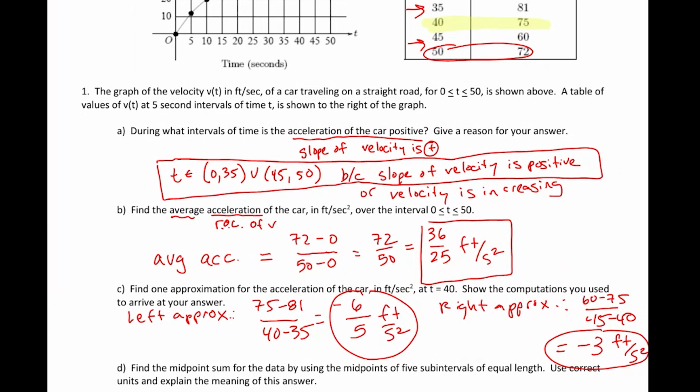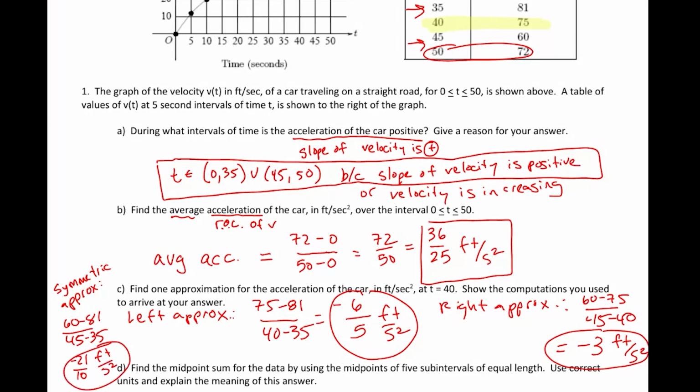So the symmetric approximation would be 60 minus 81 over 45 minus 35. 60 minus 81 is going to be negative 21 over 10. And so that's going to be, we can't reduce that. That's going to be negative 2.1 feet per second squared.